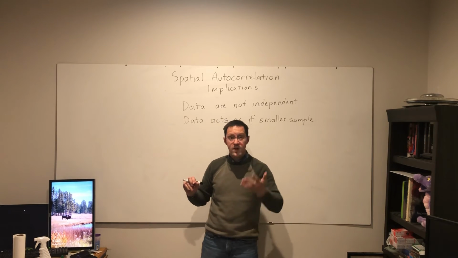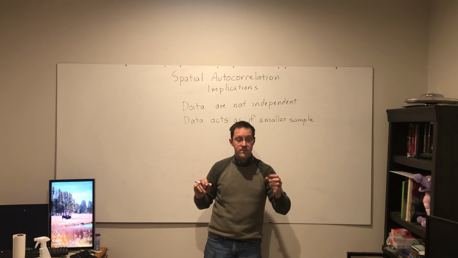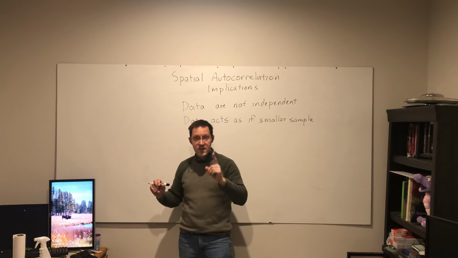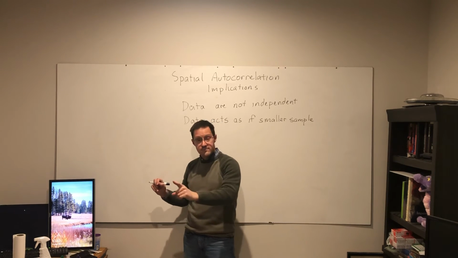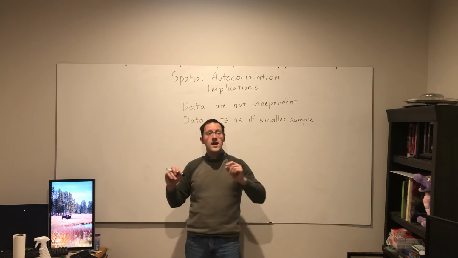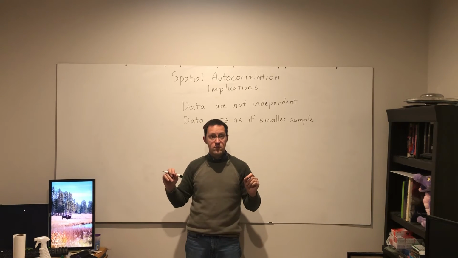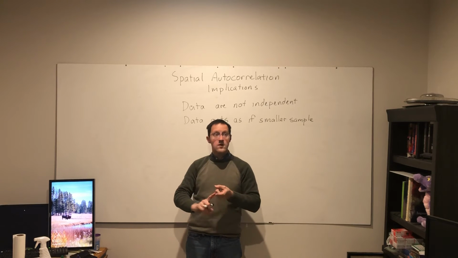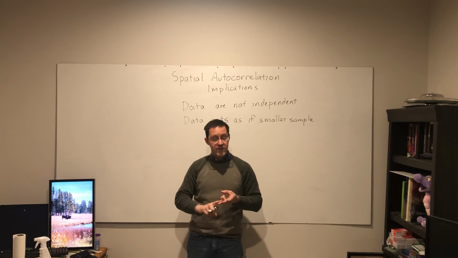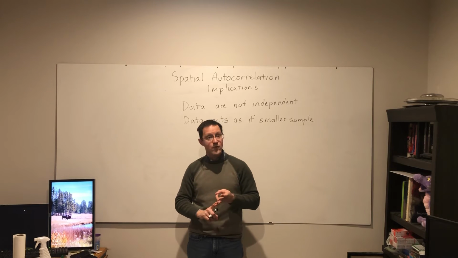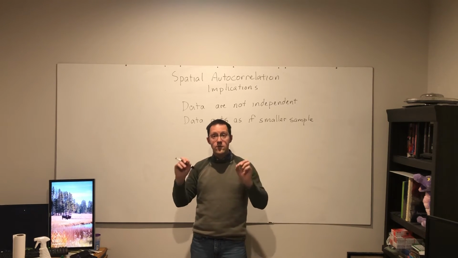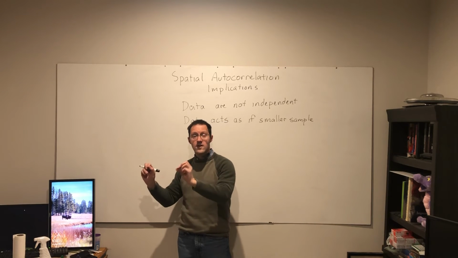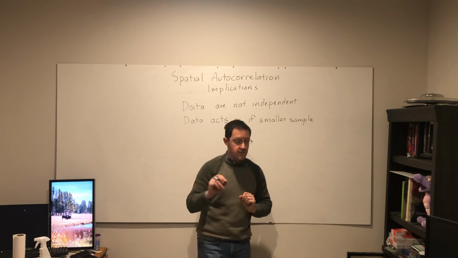Okay, so what if I need to act like it's 20 counties? That means I would need a stronger piece of evidence, so to speak, a larger value of the t-statistic, or a larger value of the z-score, a larger value of F for ANOVA, a larger value for chi-squared, for something to be regarded as significantly different from the null hypothesis.